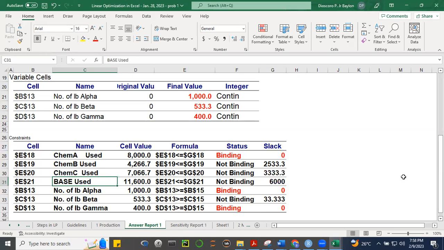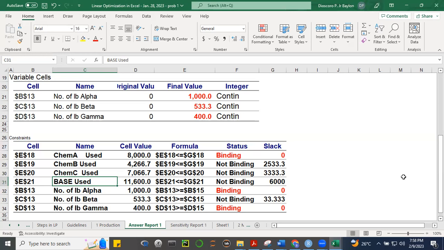Mahirap bilhin yan. And then for the next periods, we see that there might be a lack of base. No? So ngayon, 6,000 na lang yung natitira sa atin. So there will be a difficulty as far as acquiring this raw material is concerned.